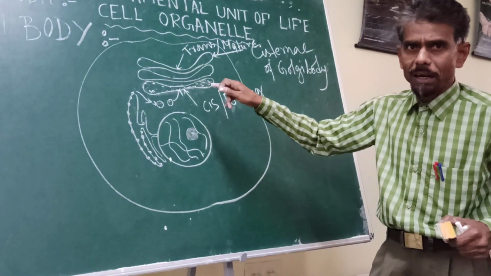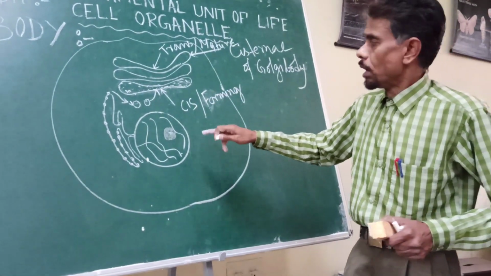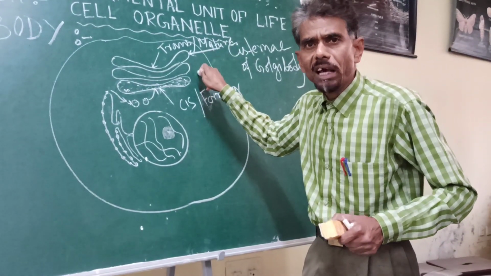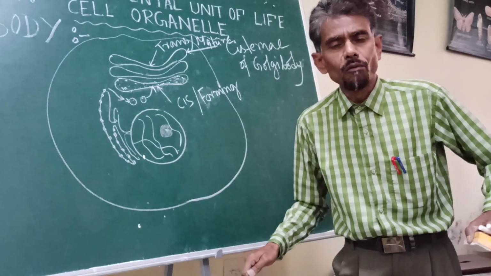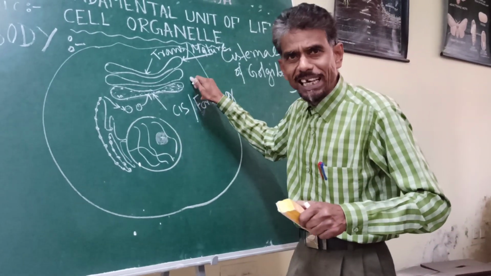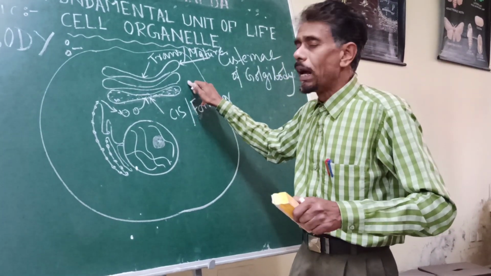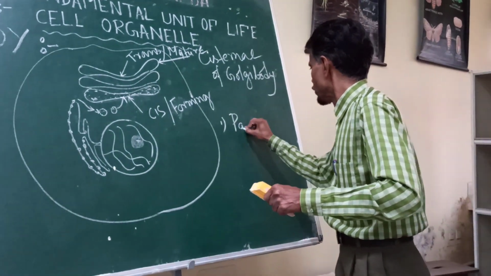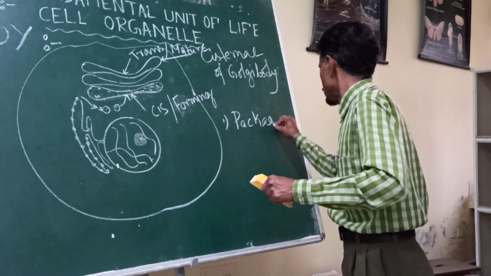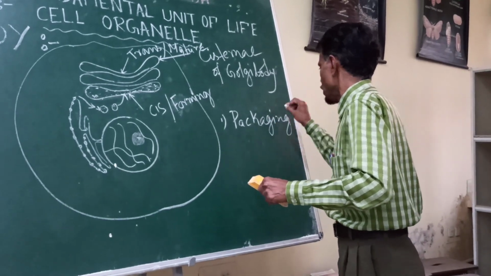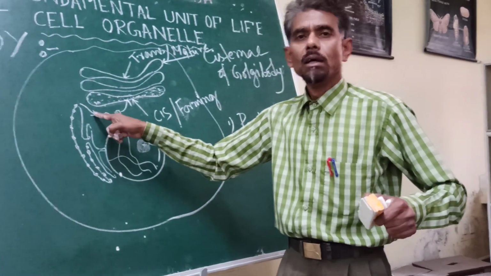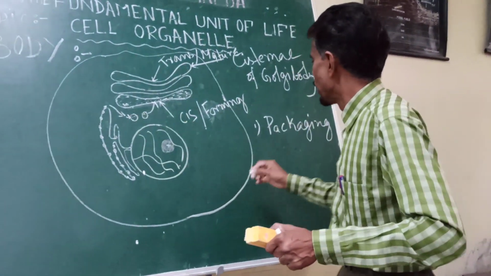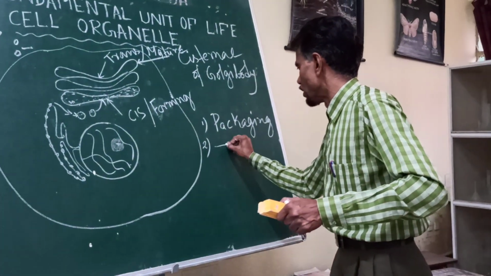So the Golgi apparatus or Golgi body is mainly responsible for, number one, packaging of the product of the endoplasmic reticulum, and number two, transportation.